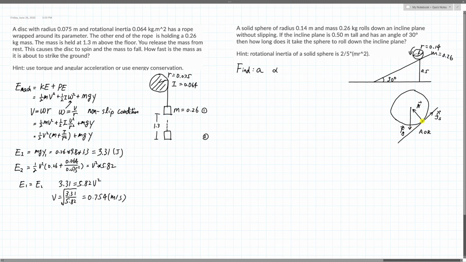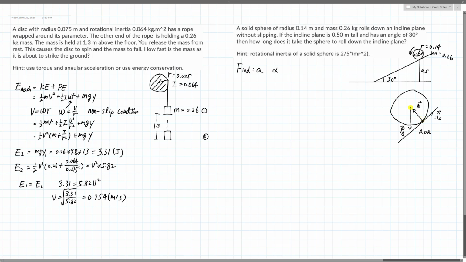But the benefit of picking one place over another is you'll have fewer unknown forces or unknown torques. So if you picked the center of mass, gravity will have zero torque. It's a known force, but that's okay. Normal force will tend to go through this point, so normal force also has no torque. It is an unknown force with unknown torque. Now it's zero. That's good. But friction is also unknown.